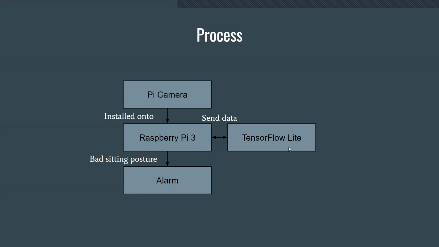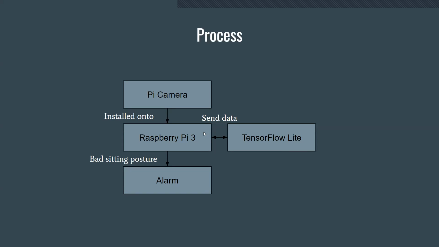and I use TensorFlow Lite. It is an algorithm to see if the person is sitting in bad posture. The camera sends data to TensorFlow Lite, and TensorFlow will see the person, mark a point, and return some data back to the Raspberry Pi.